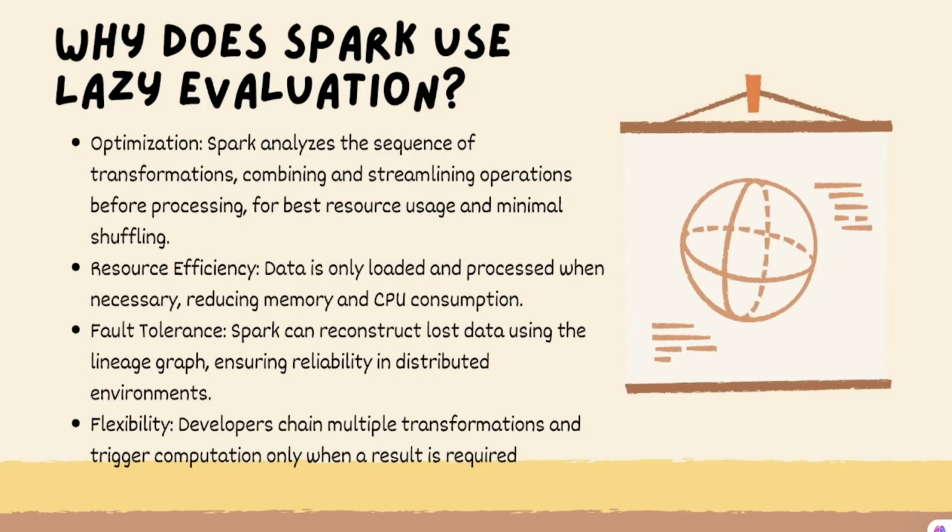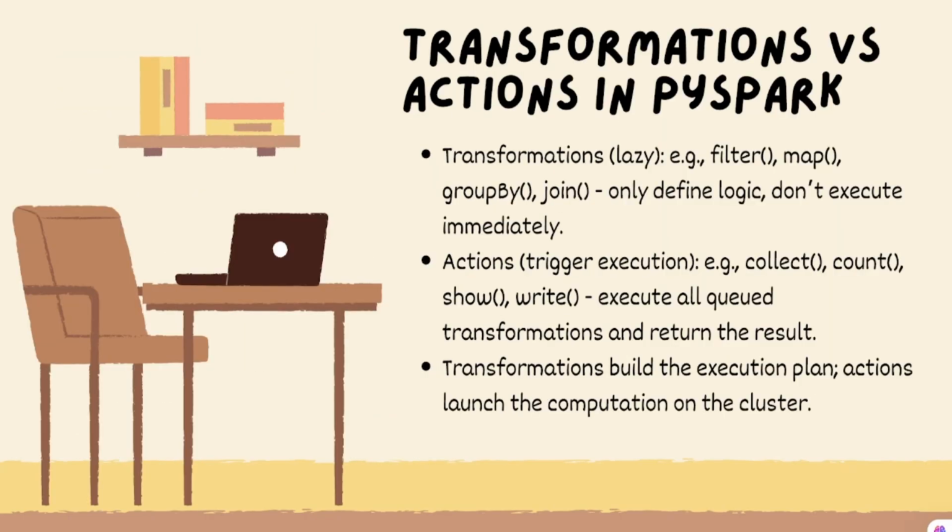This makes iterative development and debugging much easier. So, lazy evaluation is not just about delaying the work, it's about doing the work smartly with fewer resources while ensuring reliability.